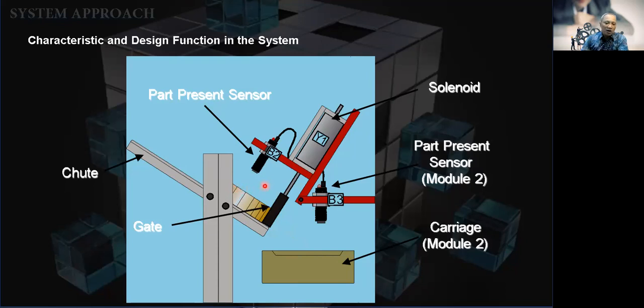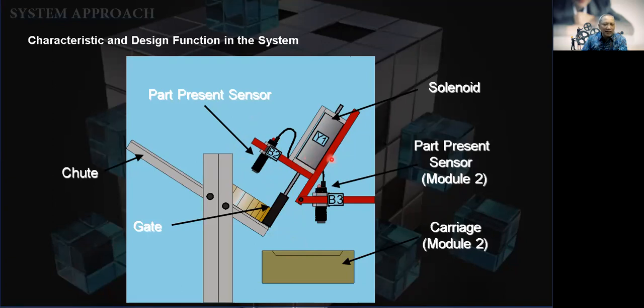So the importance of this part presence sensor is to differentiate what kind of gear this is. Is it correct or not? Then the information will be fed into the brain, and the brain will decide whether to extend or retract this solenoid. So that's the characteristic and function of that.